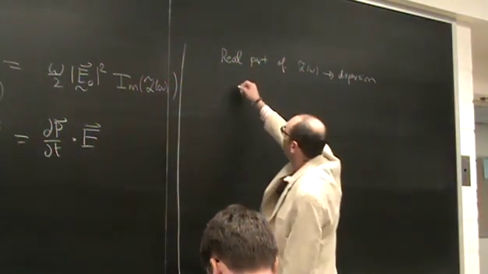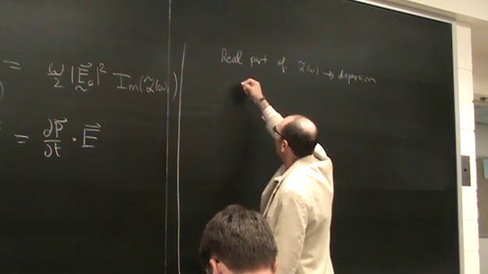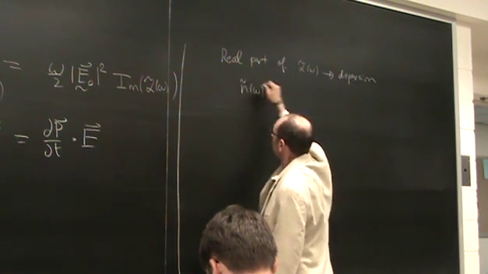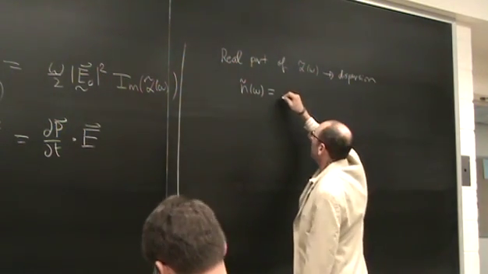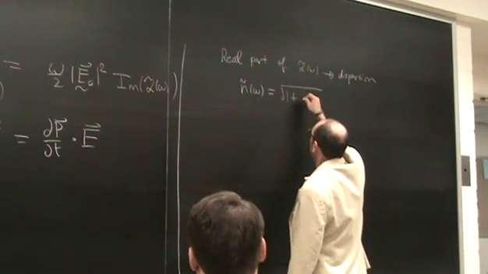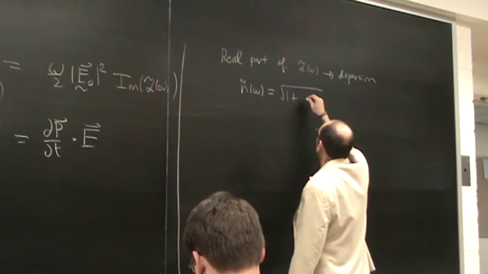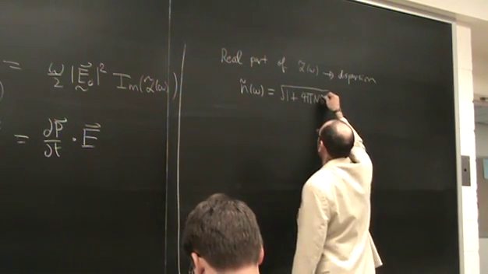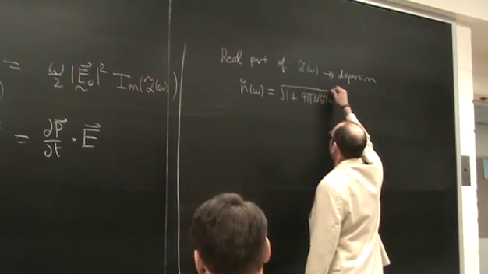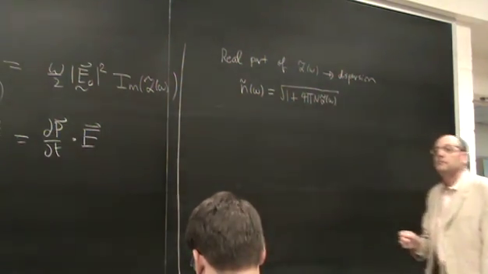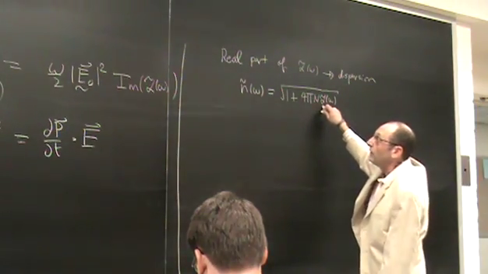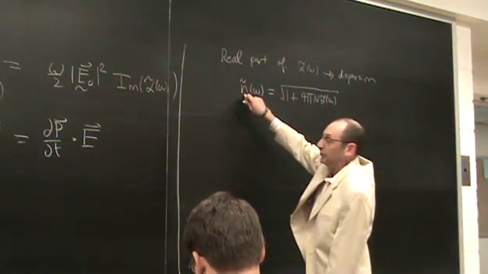Well, we can look now at the index of refraction, which we said was the square root of 1 plus 4 pi n alpha. And if this were real, then this would be real.